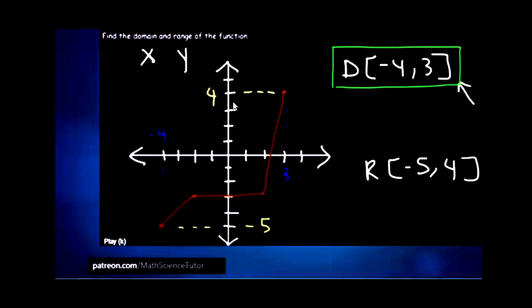And then the range of that spill, you can think of it as being bounded between -5 and +4. And again, that spill touches exactly at 4 and exactly at -5 along the y-axis. And so we would represent that by indicating that our range is between -5 and 4 using square brackets.